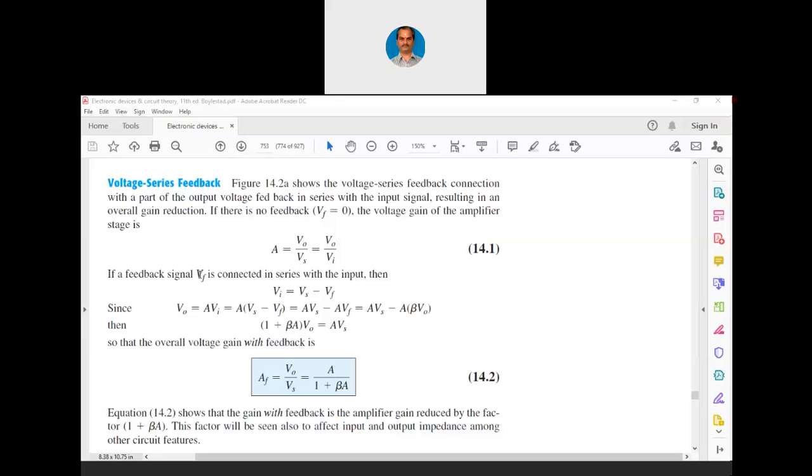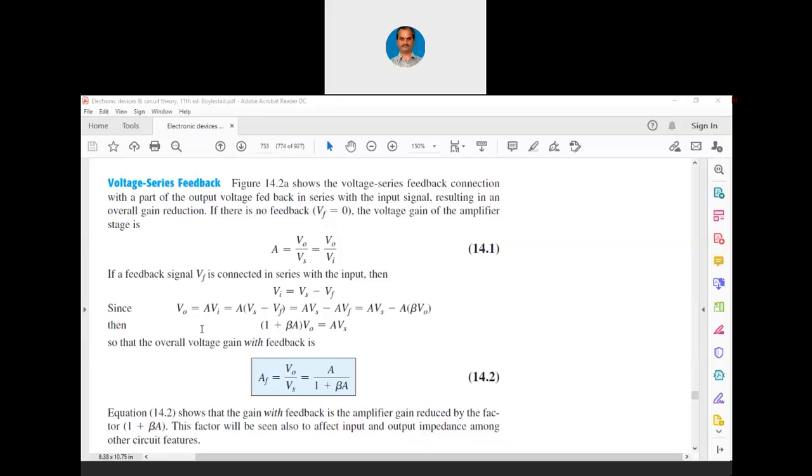Now, if a feedback signal Vf is connected in series with the input, then Vi equals Vs minus Vf. So, V0 equals A into Vi. Sorry, Vi is Vs minus Vf, as I had shown you earlier in the PPT. Please recall that mixer network where we had a plus symbol and a minus symbol.